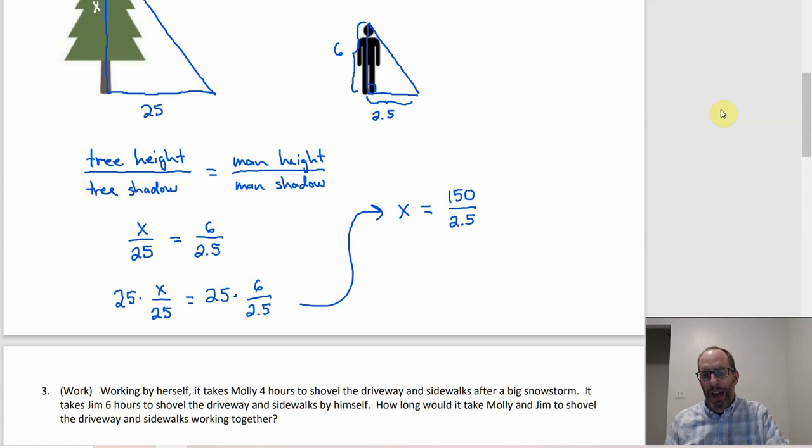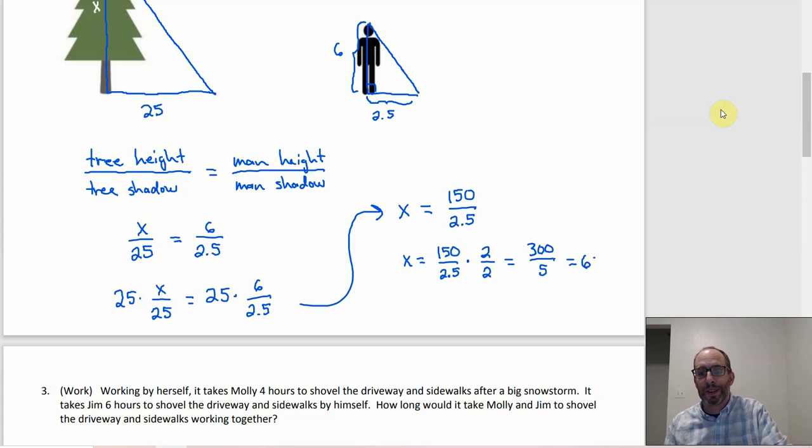And if it's not obvious what number that is, you could get it to where those are both integers. And you could say, well, then x would be equal to 150 over 2.5 times 2 over 2. Right? When you multiply 2.5 by 2, that's 5, so it would be an integer. You get 300 over 5. And now it's easier to see what number that is, since that's going to end up being 60 feet.